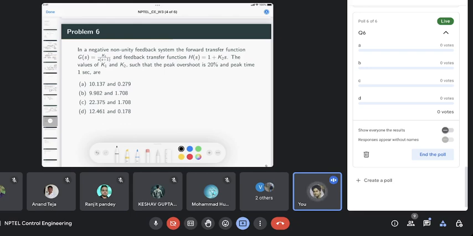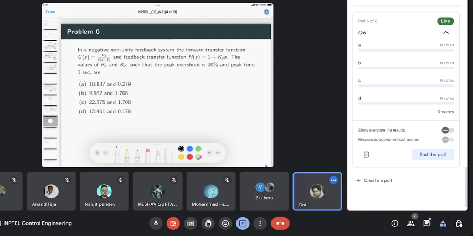So what you can do is first find the closed loop transfer function. Then you know the standard transfer function for the second order system, so you can find the damping ratio and the natural frequency, that's zeta and omega n. Then you can find a relation between K1 and K2 with them.